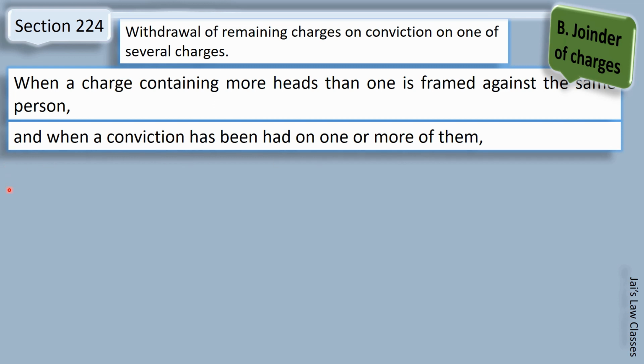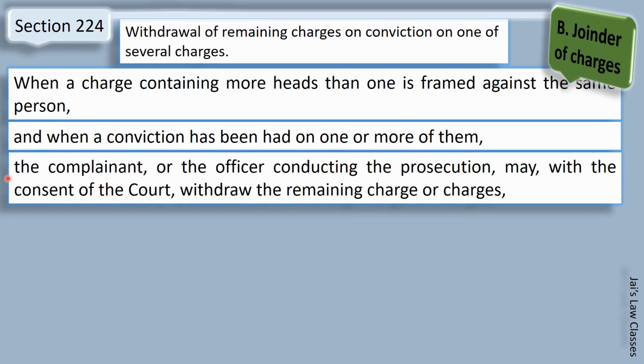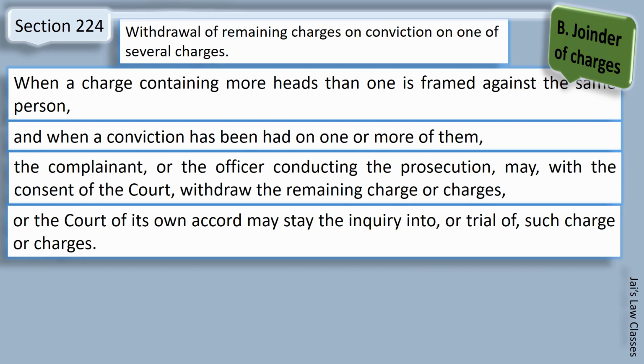So in such a situation, the complainant or the officer conducting the prosecution, which is the public prosecutor, may, with the consent of the court, means obviously you have to take the permission of the court, withdraw the remaining charge or charges. So the charges which are not proved can be dropped, and there is an option to the court as well.